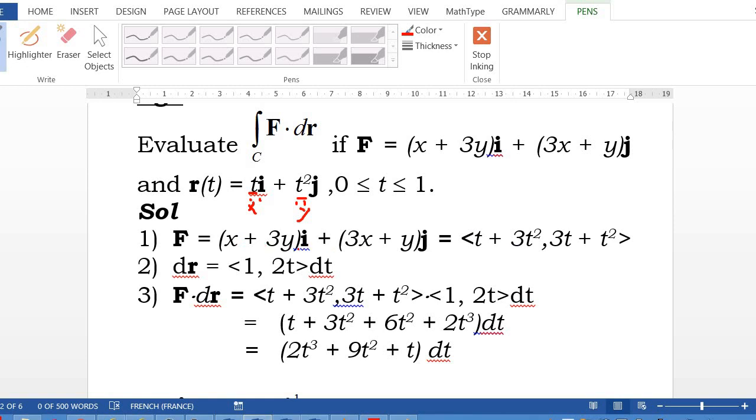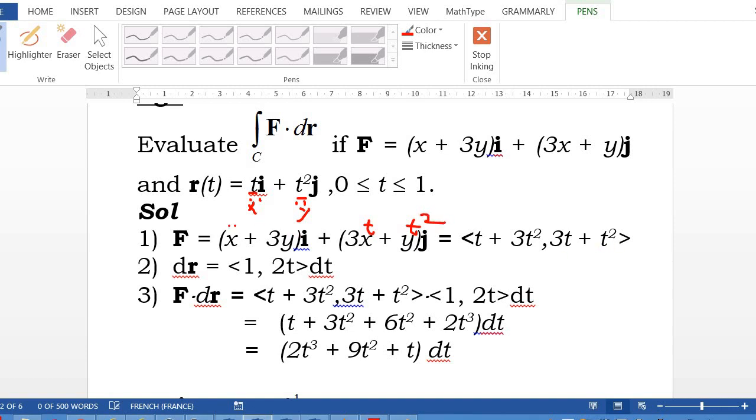Component i for vector F becomes t plus 3t squared. For component j, replace x by t, so you have 3t, and replace y by t squared, so you have 3t plus t squared.